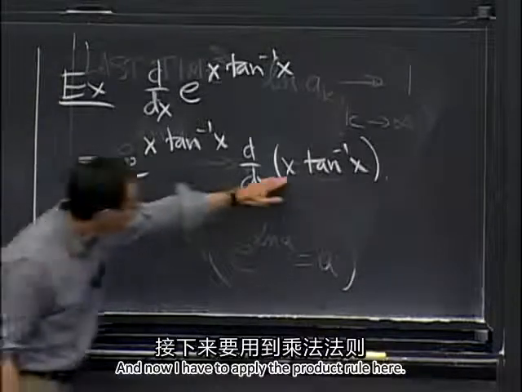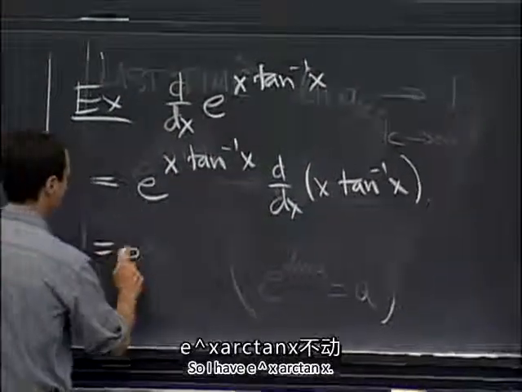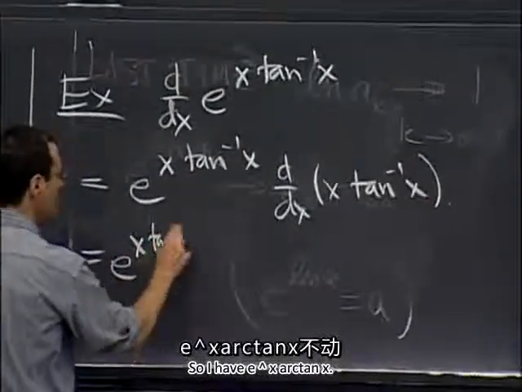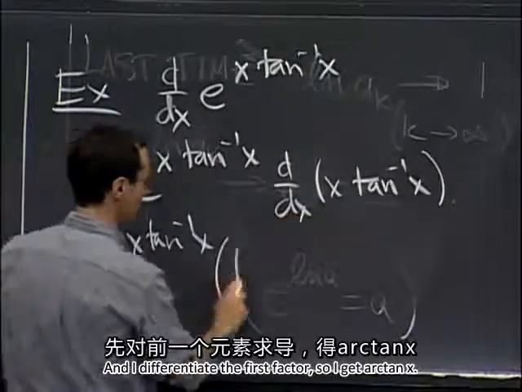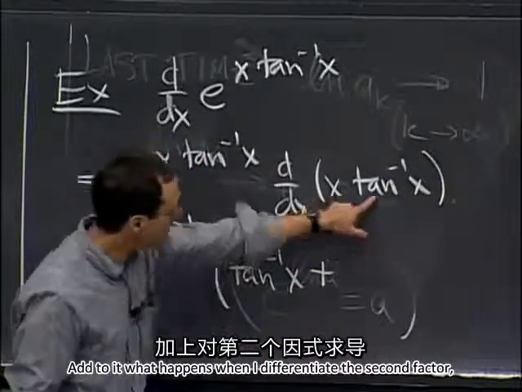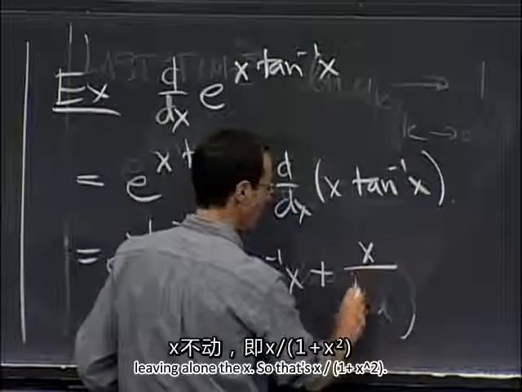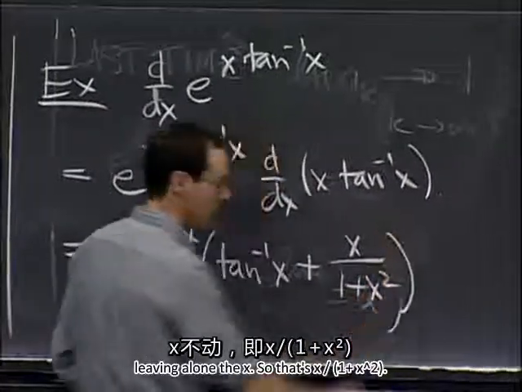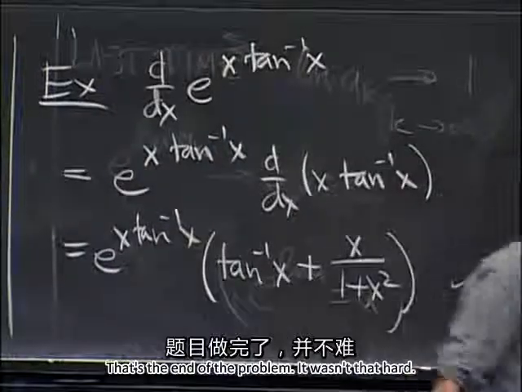And now I have to apply the product rule here. So I have e to the x tan inverse x. And I differentiate the first factor, so I get tan inverse x. Add to it what happens when I differentiate the second factor, leaving alone the x. So that's x divided by 1 plus x squared. And that's it. That's the end of the problem.